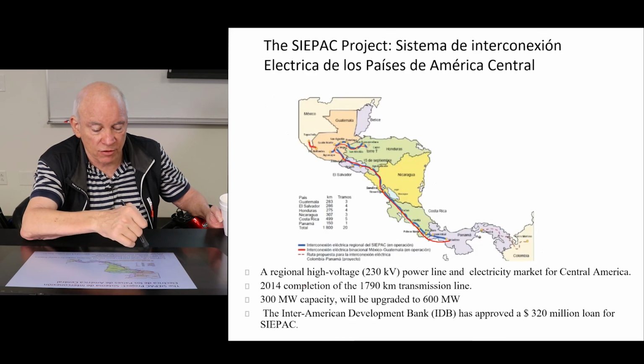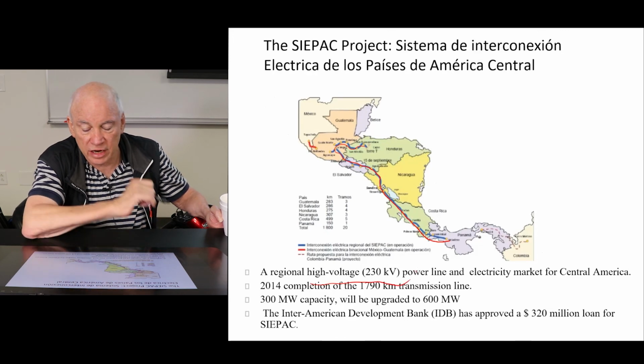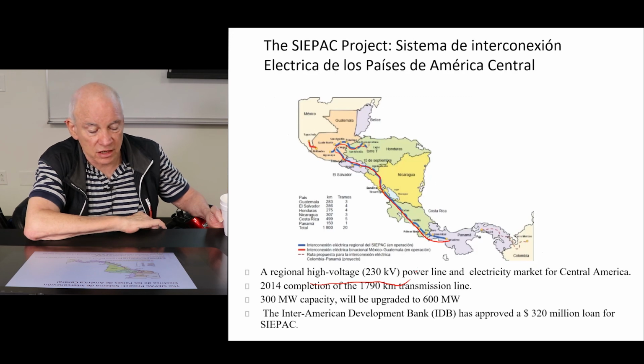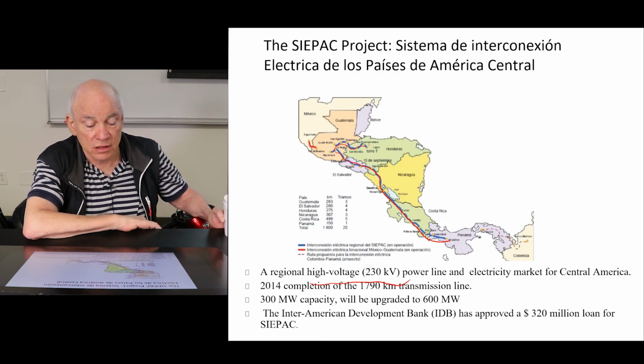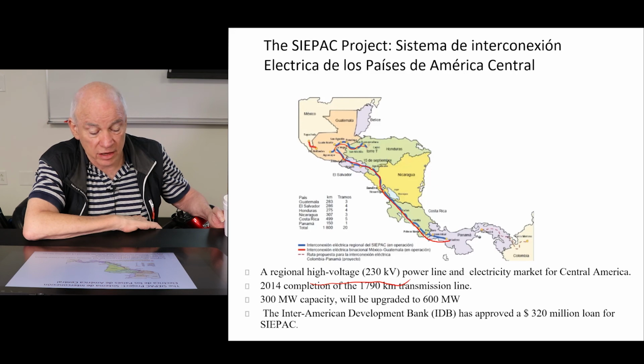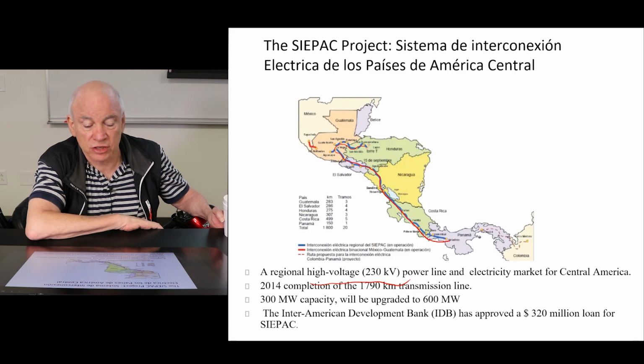This is a high voltage power line that's carrying the electricity around. They completed the 1,800 kilometer long transmission line with 300 megawatt capacity. It's going to be upgraded to 600 megawatts, and that will provide some integration of the Central American electricity markets.